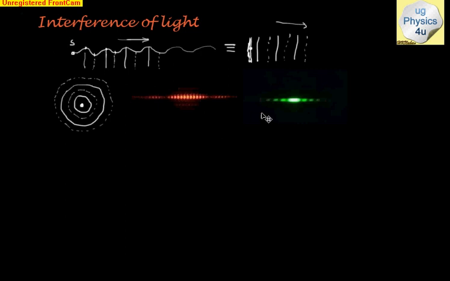The special sources which produce it are called coherent sources of light.